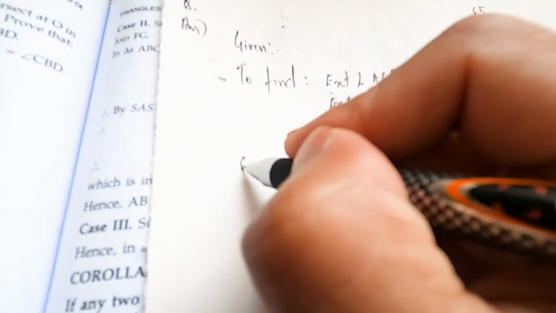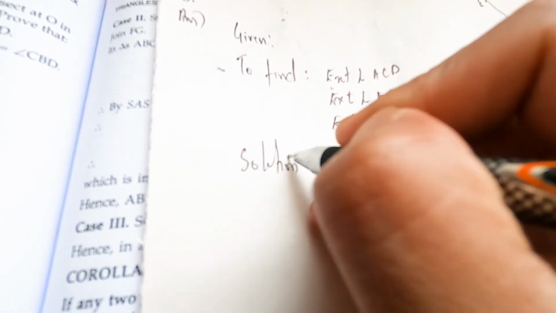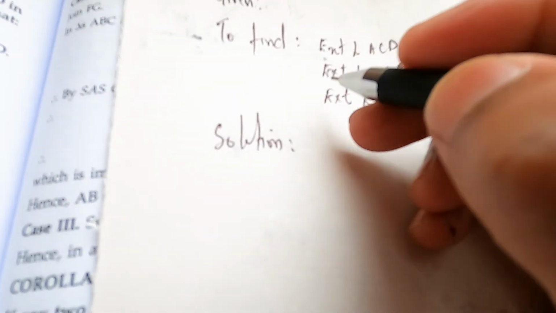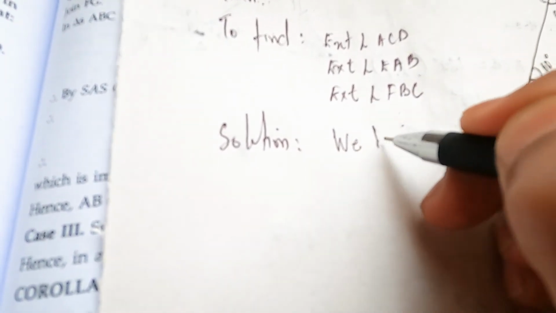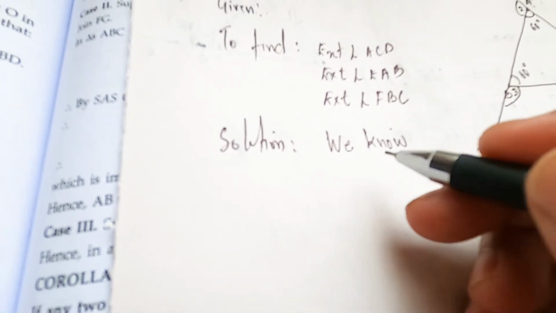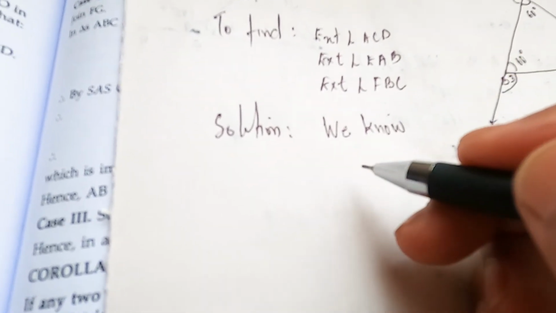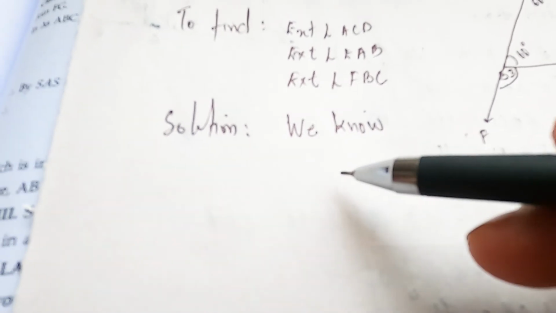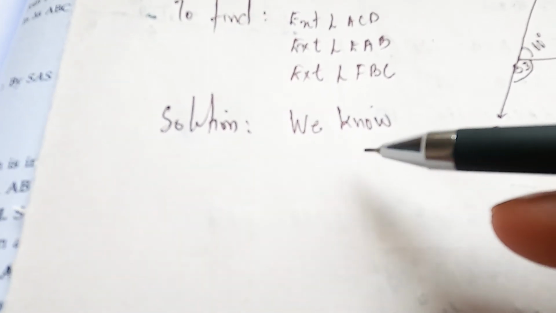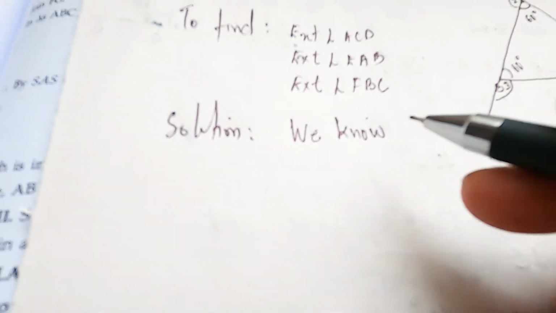All right, so solution. So you write we know, it's up to you. You can use linear pair or you can use exterior angle property. So for me, which is easy, I will use linear pair.